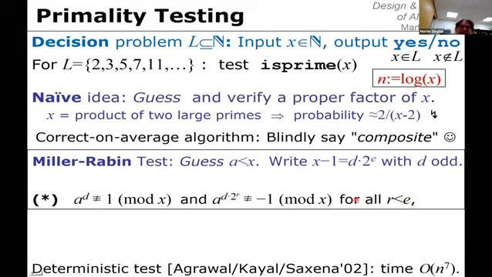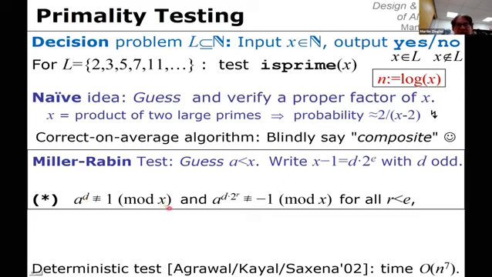And observe that this is a purely mathematical property, but testing whether this property holds can be done efficiently, right? So how can this be done efficiently? Raising the guess number a to the dth power can be done using repeated squaring. Remember when we talked about the squaring problem at the very beginning of our lecture? That only takes log d multiplications.